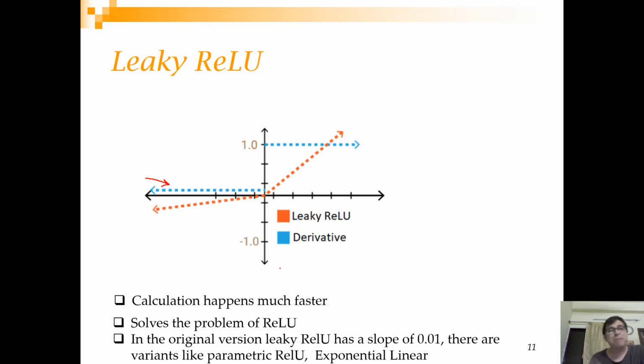You can add a parameter rather than the hard-coded value of 0.01, or you can also try an exponential component of ReLU, but only in the negative part of the input. However, as the gradients here are unbounded, they can go up and up.